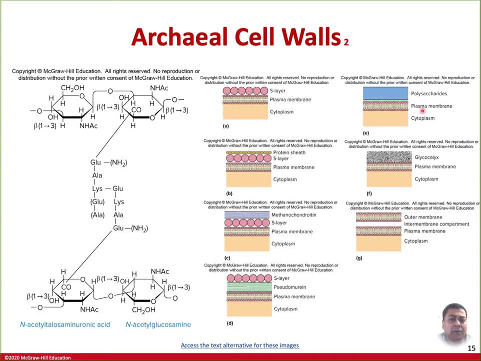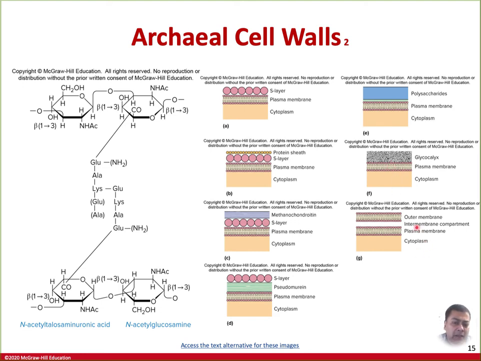The difference is that this polysaccharide is more like a capsule because it is tightly arranged, whereas this glycocalyx is a little bit looser, but glycocalyx is also the same way as the slime layer. These are found in Thermoplasma species.